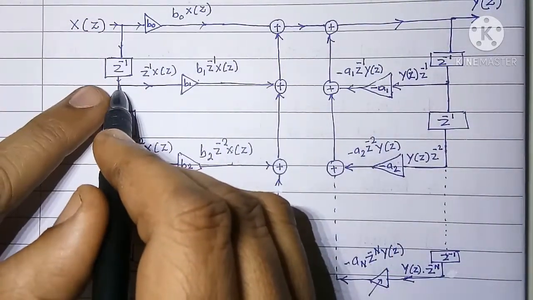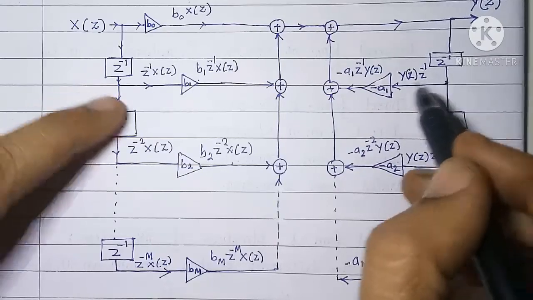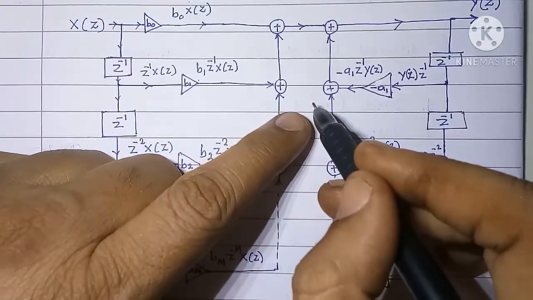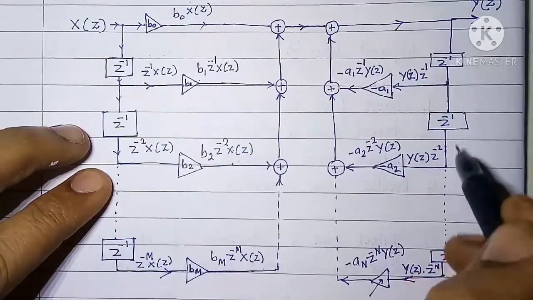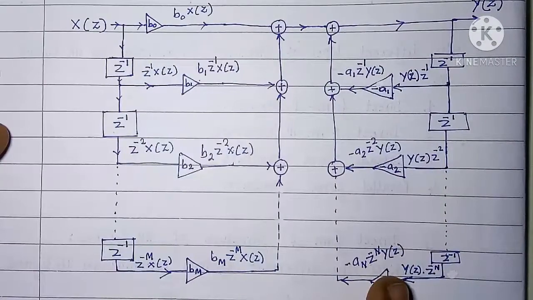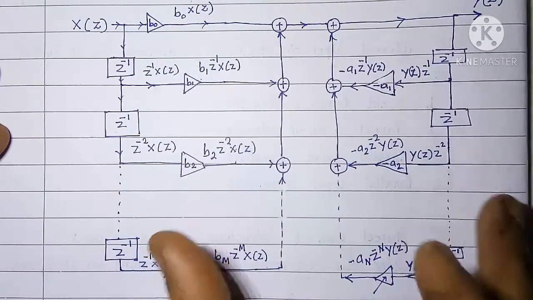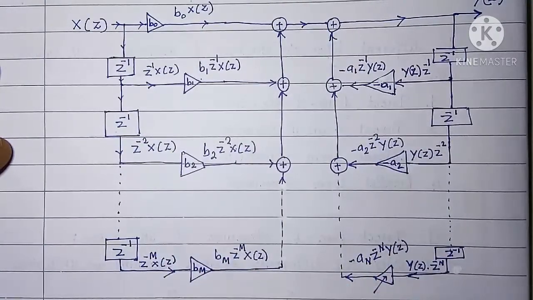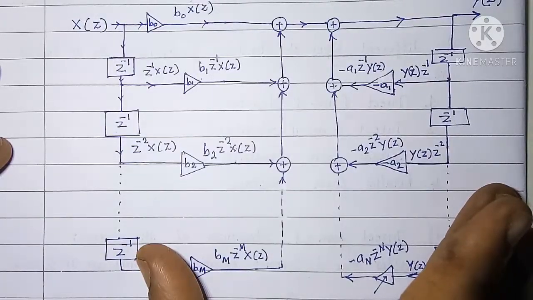After first delay unit point and after first delay unit point, we have to connect together. Similarly, the points after second delay units we have to connect together, and so on. That will become the direct form 2 structure. While solving example, I will show how to do that.